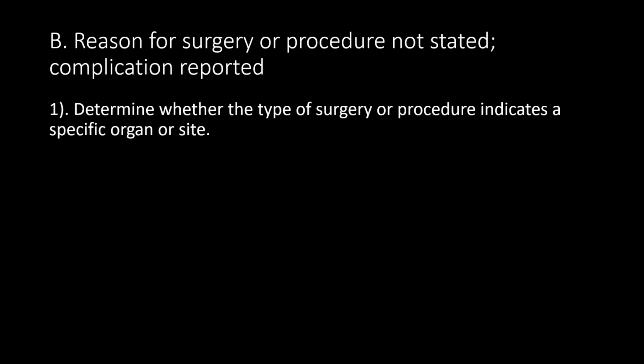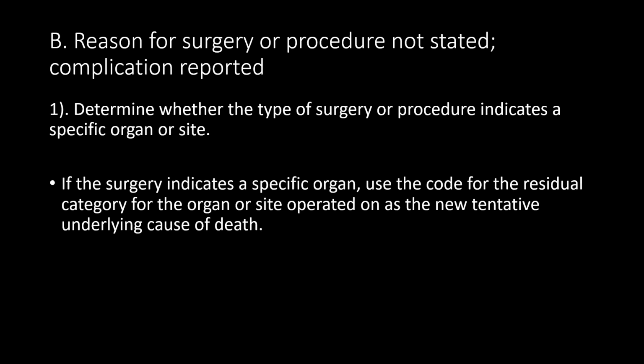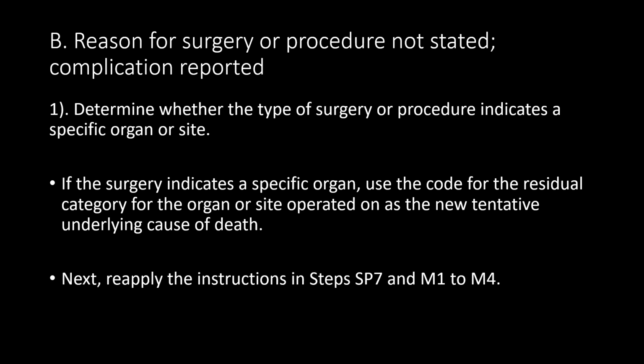Now we move on to part B of section 4.2.9 of volume 2. These instructions are applied when the reason for surgery or procedure is not stated and a complication is reported. In part B, instructions are available under 3 areas.